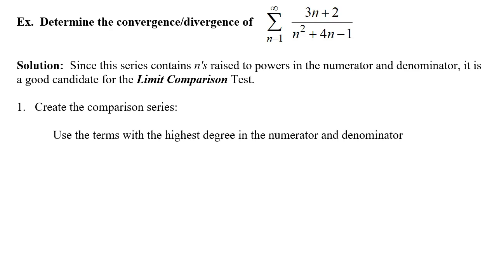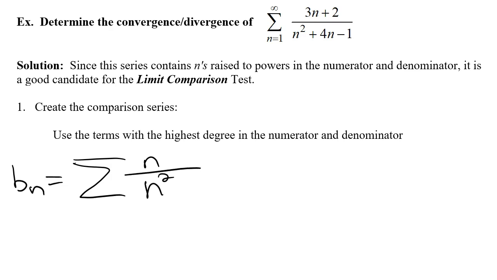The first thing we need to do is establish what our comparison series b sub n looks like. To find this, we're going to compare the variable with the highest power in the numerator and divide it by the variable with the highest power in the denominator. Do not use the coefficients.